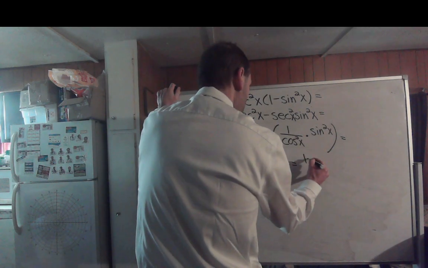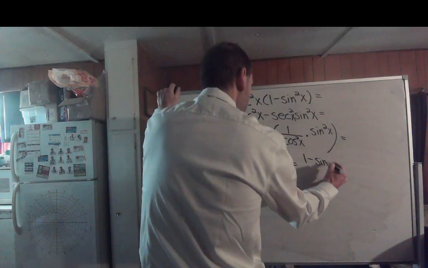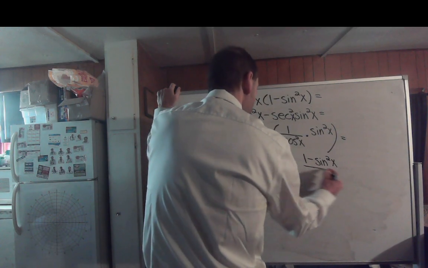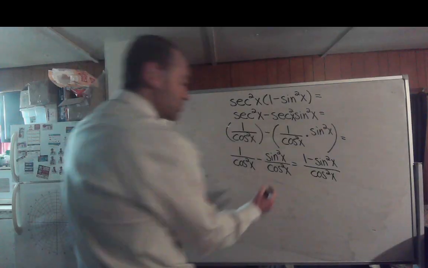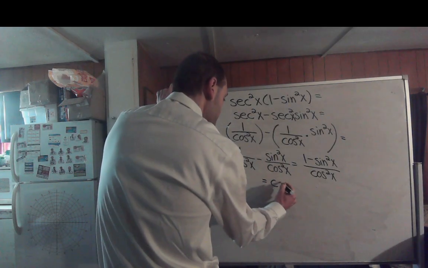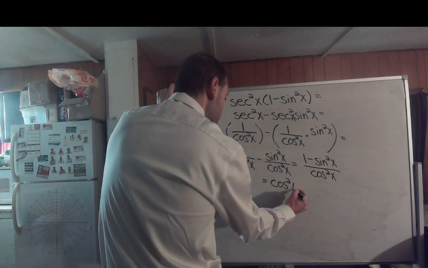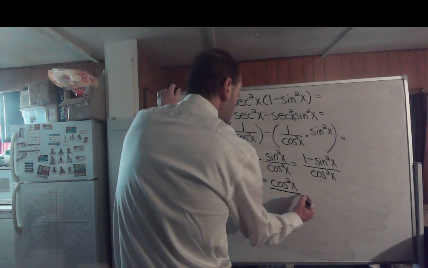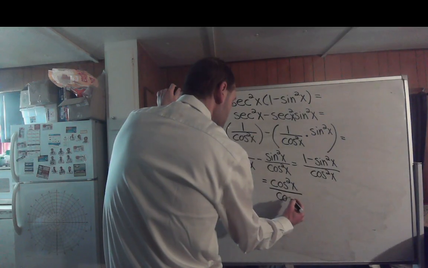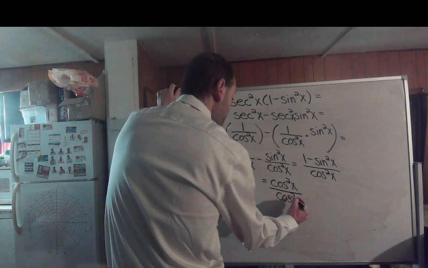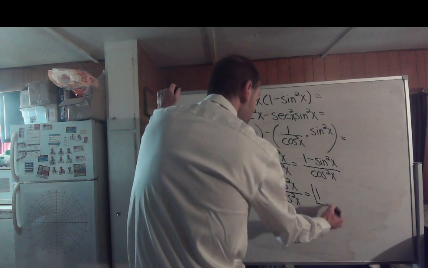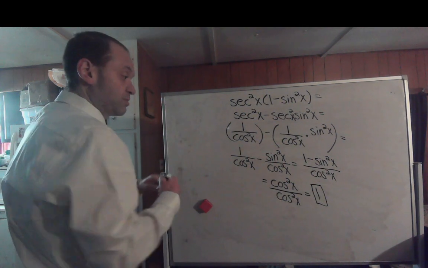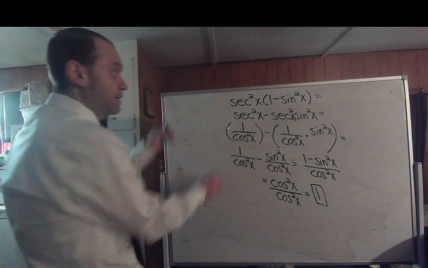This turns into 1 minus the sine squared of x all over the cosine squared of x, but we could simplify this further. Your numerator, 1 minus sine squared, just equals cosine squared of x all over the cosine squared of x, which would equal 1. So in the end, this should simplify into just the number 1.